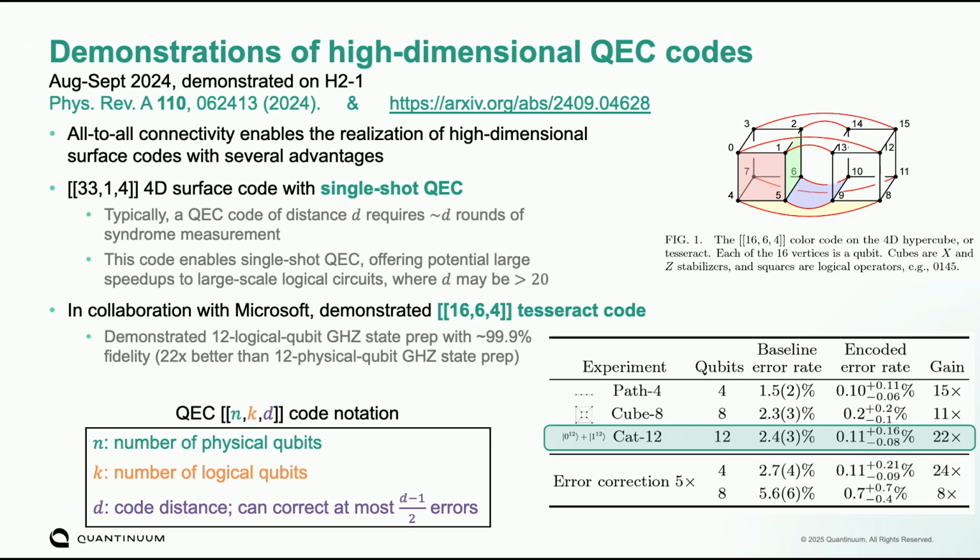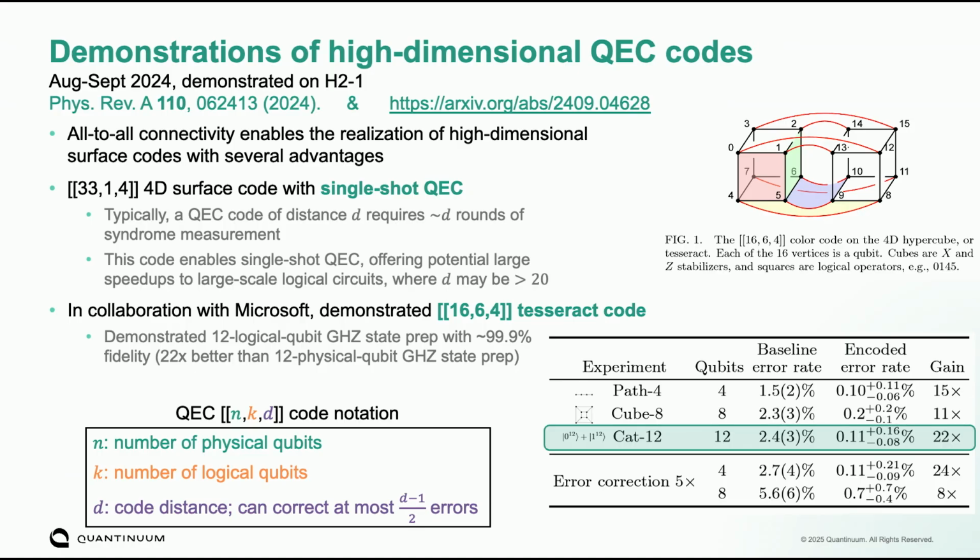And we had a summer intern a couple of years ago from UMD, and he came in and had this idea and ran it on the device and wrote a paper on this all in the short summer internship period. And so this was really cool, even just for that aspect of it. But this code is nice in that it has a property known as single-shot QEC.